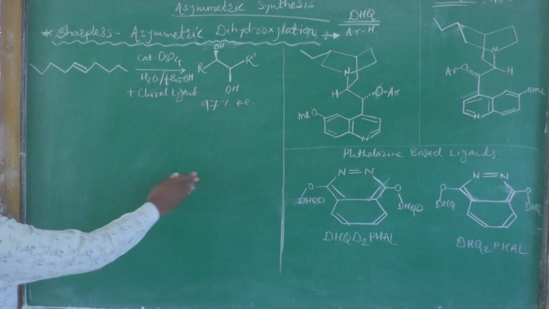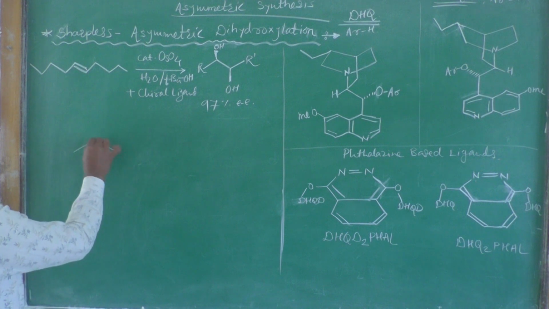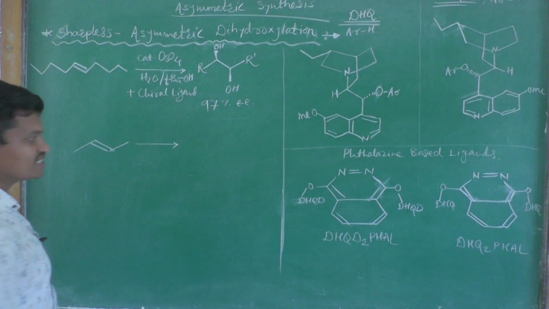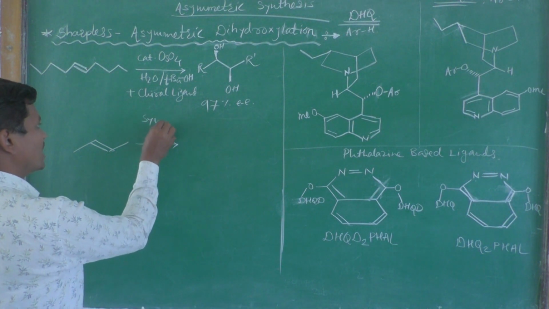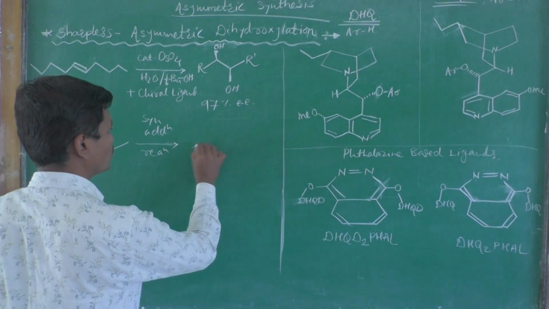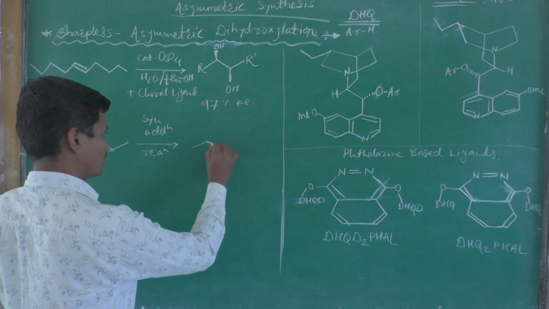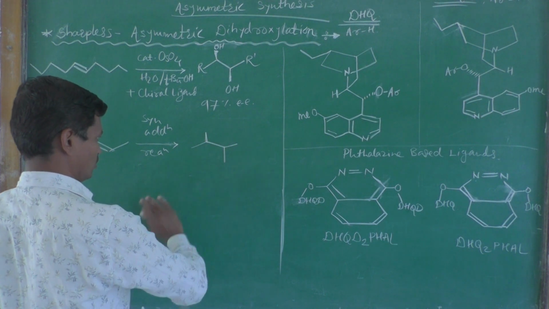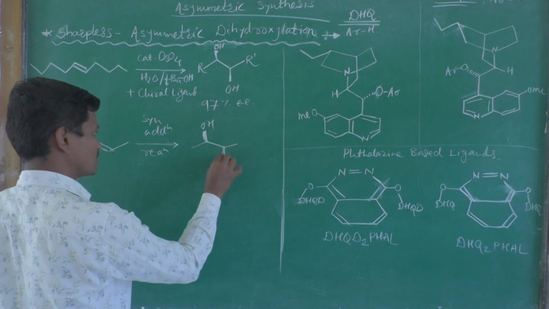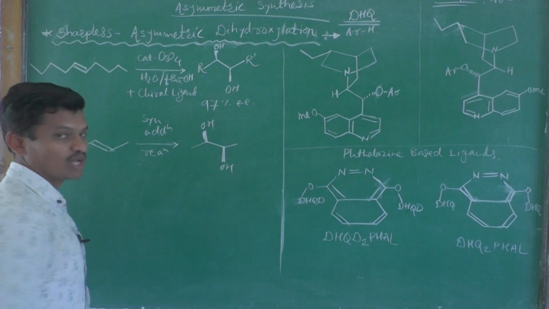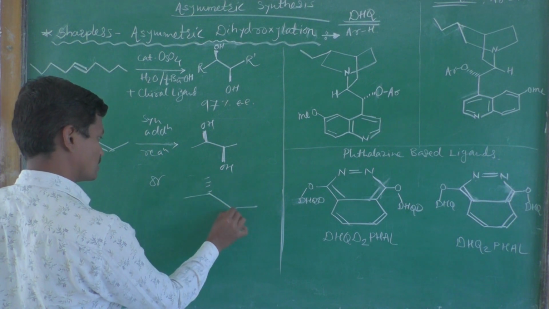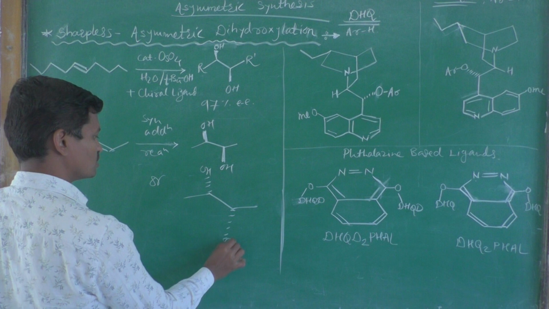Dear students, we know that if it is a carbon-carbon double bond, that is an alkene, and if we want a syn addition reaction resulting in the formation of a 1,2-diol, like this, or like this, we generally use two reagents.